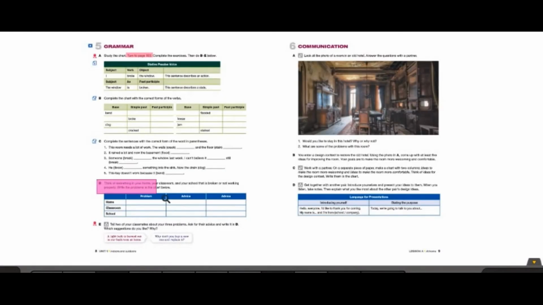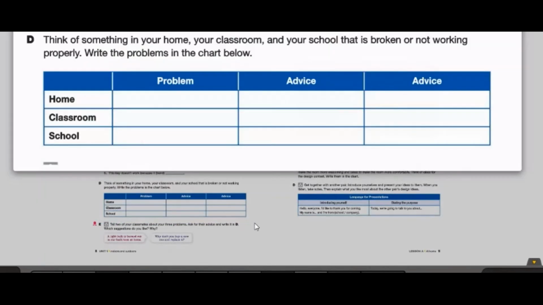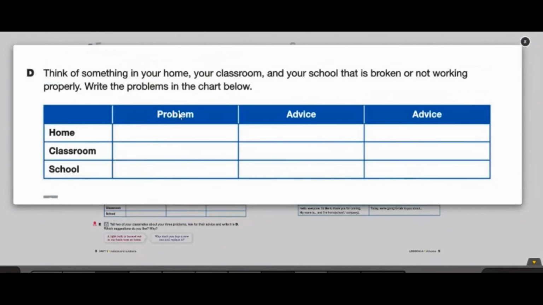So then let's go directly to activity D. Right now, you are going to work only on the section problem, not the section advice. It says, think of something in your home, your classroom, and your school that is broken or not working properly.